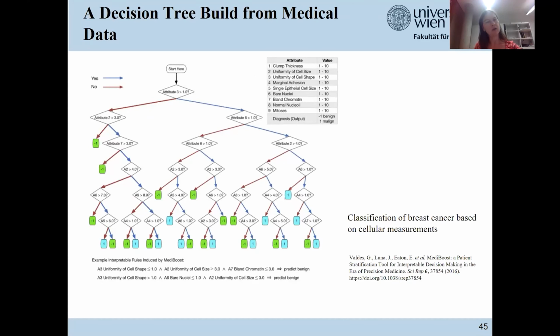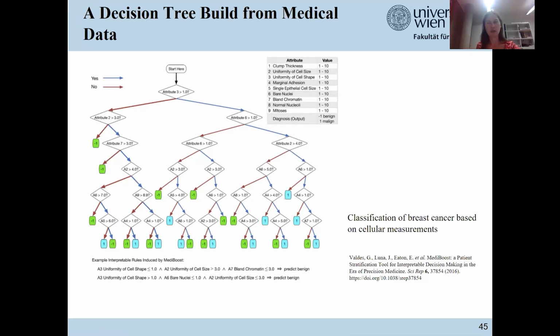Now let's look into a real decision tree built from medical data. The problem studied here was the classification of breast cancer based on cellular measurements. This is a paper from Nature Medicine from 2016.